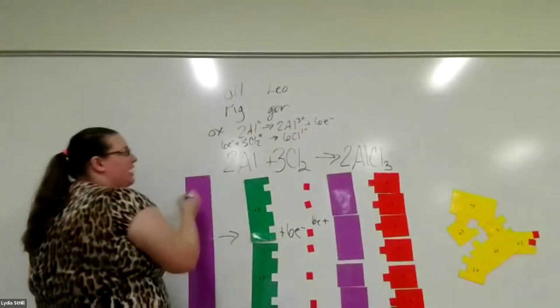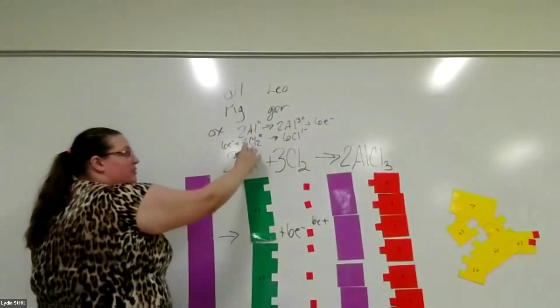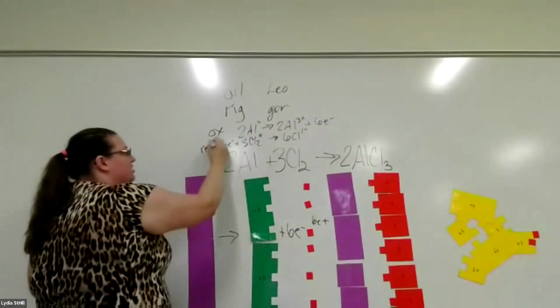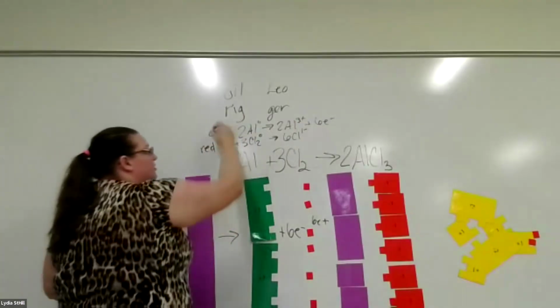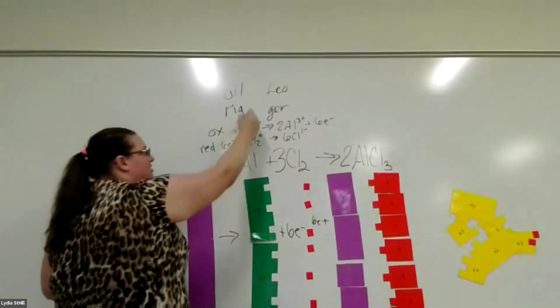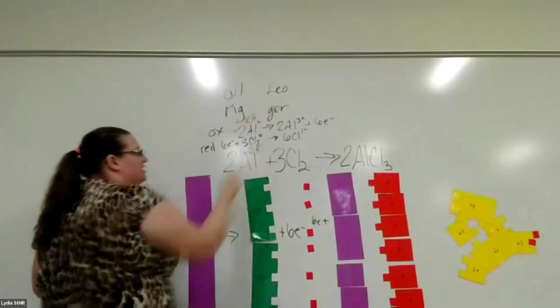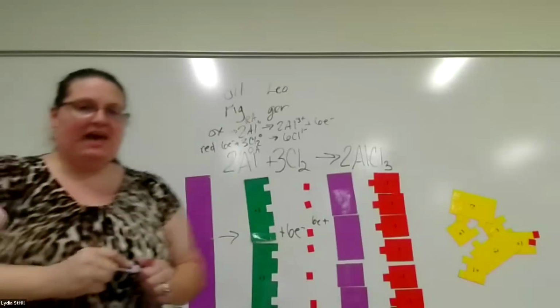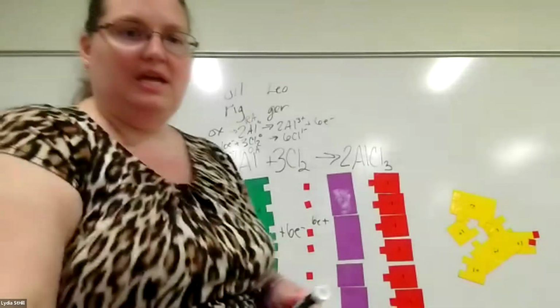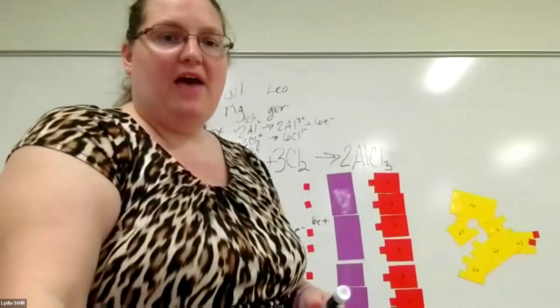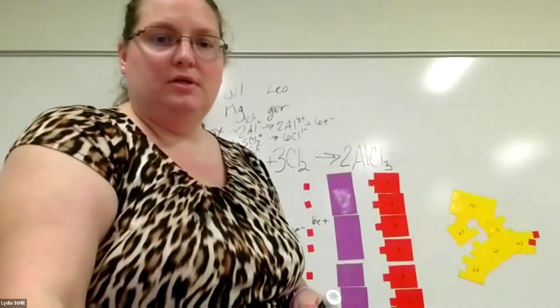This is my oxidation reaction. 6 are being added, so this is reduction, which is gaining. And since this is the oxidation, this is called the reducing agent, and this one will be called the oxidizing agent. So hopefully that is helpful with understanding what we have for those structures.